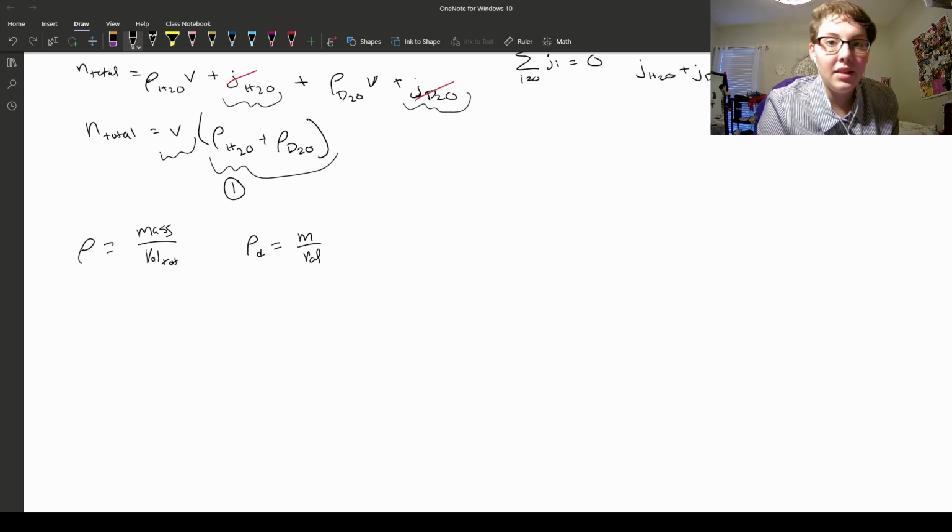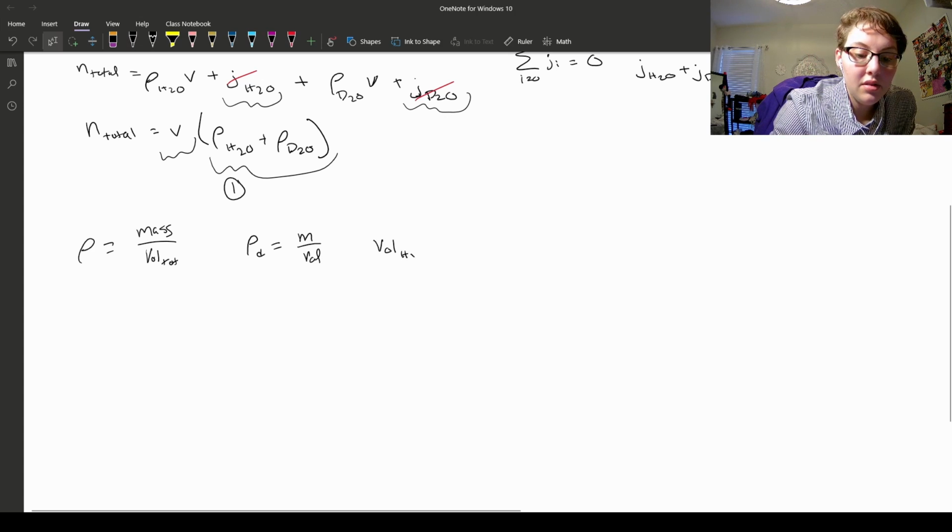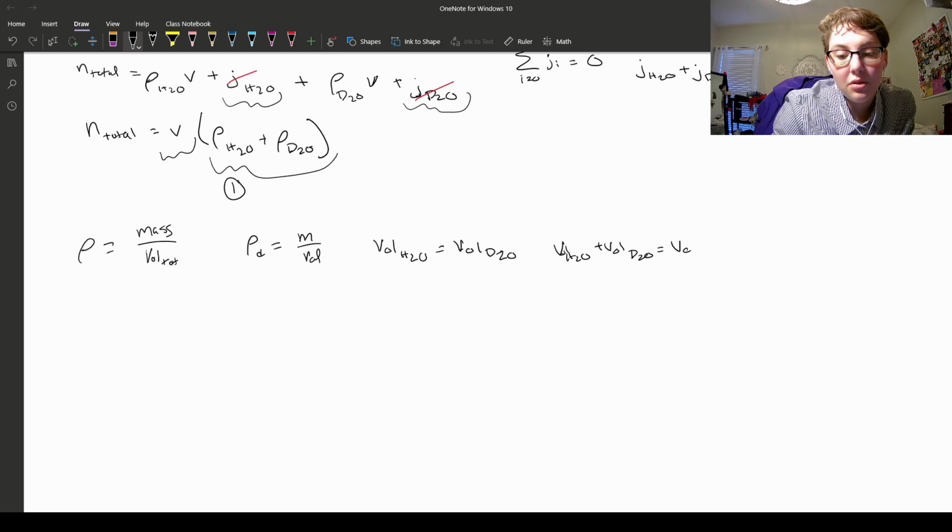Since we know that the capillary is split in half and filled with both materials, the volume of H2O is going to be equal to the volume of D2O, and the sum of both of those will give you the total volume.